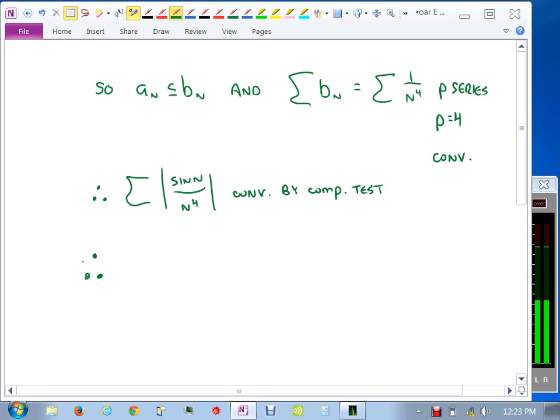Therefore, what? The sum of sine n over n to the fourth converges by theorem. Let's number that theorem. Let's just call it theorem 8 for chapter 8. Well, let me see if they have a number for it in the book. Hold on. I'm pretty sure they do.